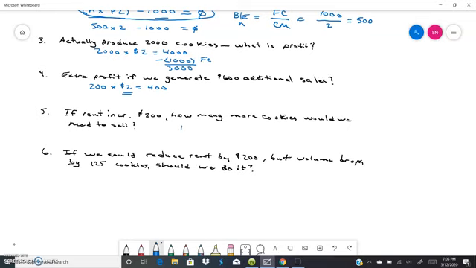The other way we could look at that is use our break-even formula. That would be our fixed costs, in this case our rent, $200, divided by our contribution margin of 2. That would give us 100 additional units to stay at the same level as we were before.